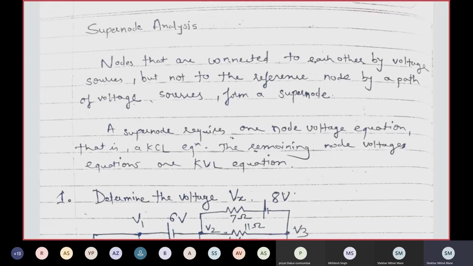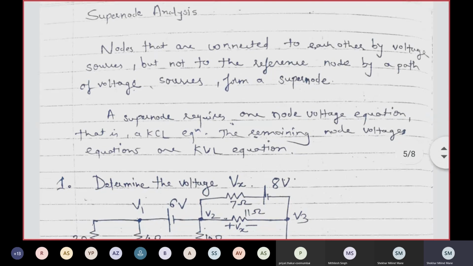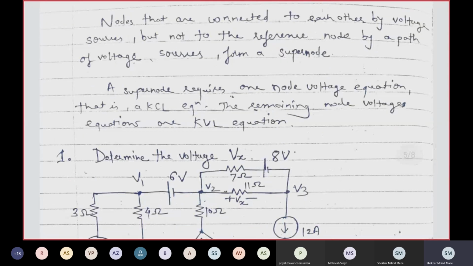A supernode requires one node voltage equation, that is KCL, and the remaining node voltage equations are KVL equations.